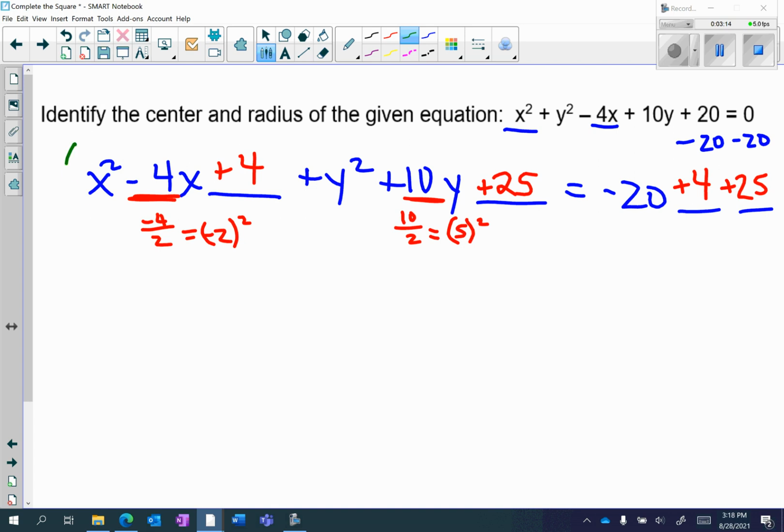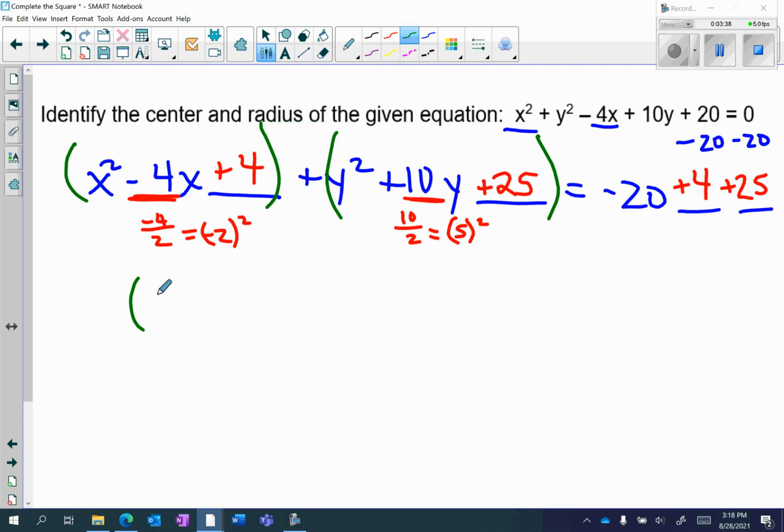So notice now I have x squared minus 4x plus 4. I've grouped those together, and then y squared plus 10y plus 25 together. Now, I can actually factor x squared minus 4x plus 4. What two numbers multiply to 4 and add to negative 4, right? It's the AM method.